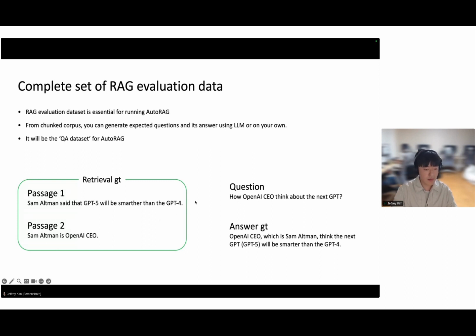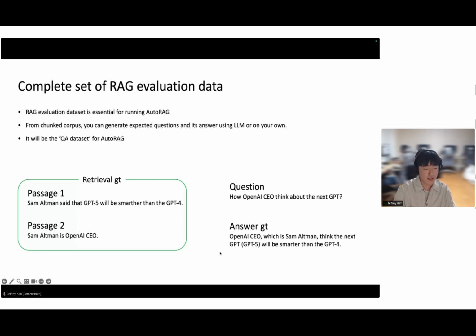Then you can make a question, or there is already a question, and you can find the retrieval ground truth in your corpus dataset. So for this retrieval ground truth, one of the questions will be how does the OpenAI CEO think about the next GPT. And the ground truth answer will be: the OpenAI CEO, which is Sam Altman, thinks the next GPT will be smarter than GPT-4.